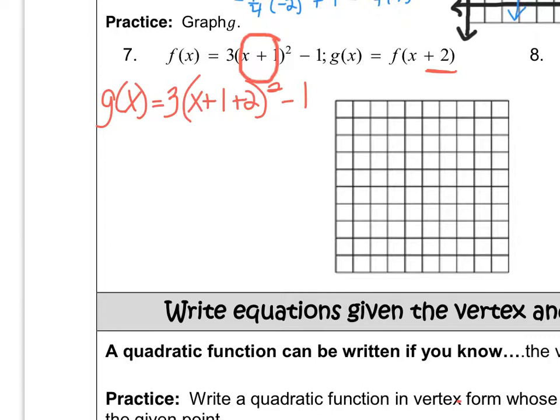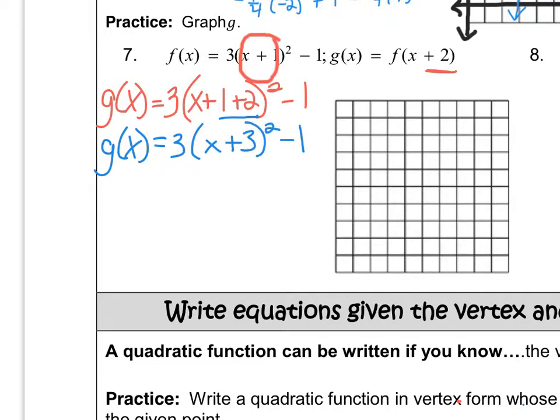Okay, so now we've got our function g written. We need to do a little bit of combining like terms, so we'll combine these right here. So now we've got g of x equals 3 (x plus 3) squared minus 1.